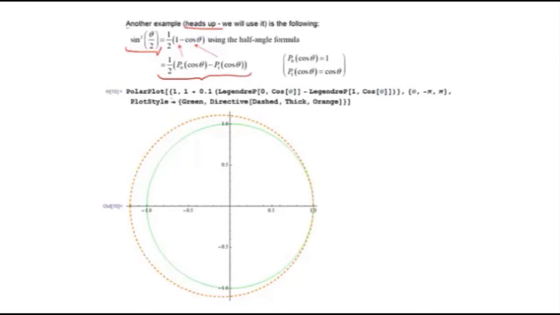So now if we plot, in this case I've used a 0.1 for the amplitude. If we plot our sphere, which is the green one, that's our 1, and we plot 1 plus 0.1 times the Legendre polynomial terms. Here's the 0 term, here's the L equal 1 term. And we'll just jump to the conclusion that if we go minus pi to pi, we generate the whole problem.